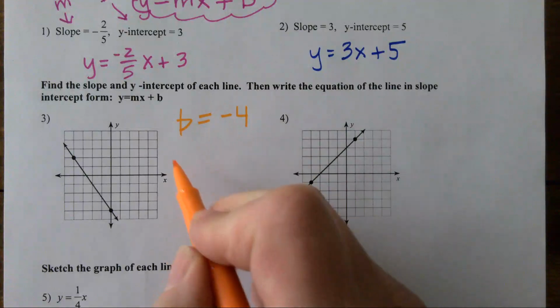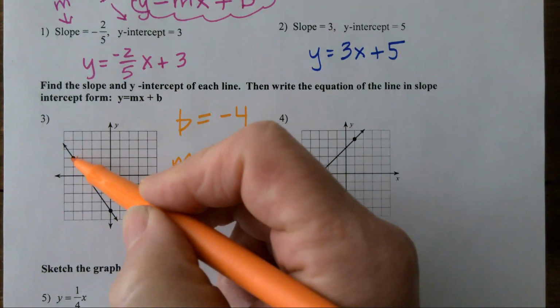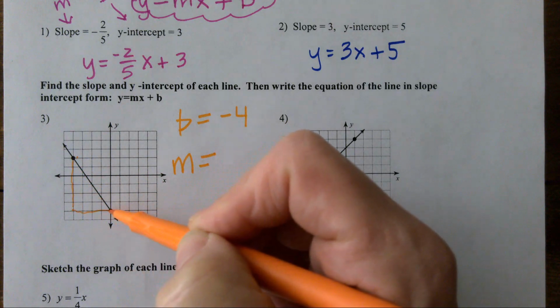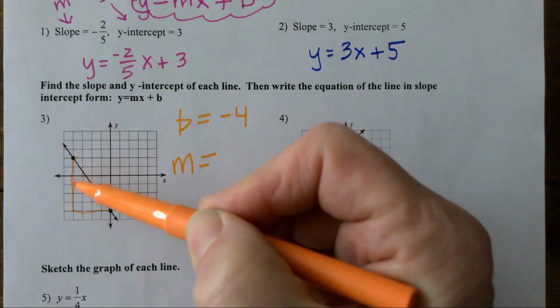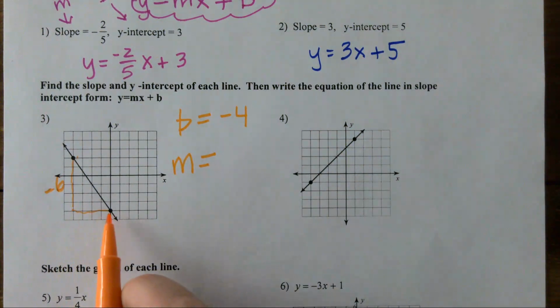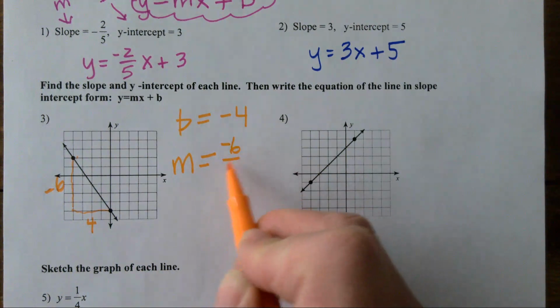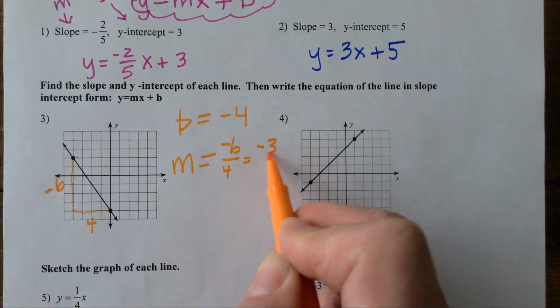What's my slope? We've done this before, where I just have to count from point to point. So I think you said drop 6. Drop 6, move right how many? 4. But you can divide that over 2, and get negative 3 over 2. Perfect.